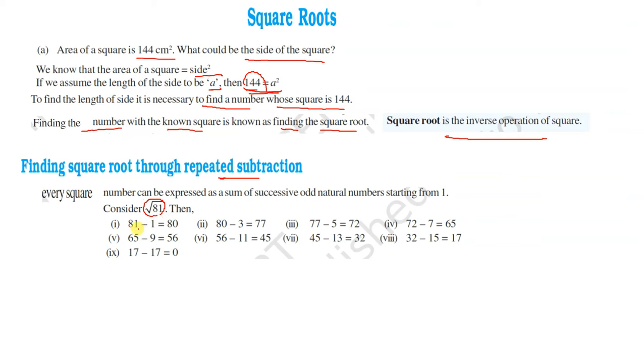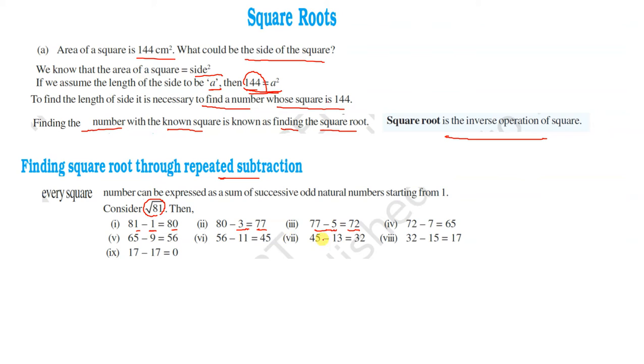Then we will first subtract 1, which is the first odd number. Then from the result we will subtract the next odd number, which is 3. We get 77. Then again we subtract the next odd number, which is 5. So we get 72.